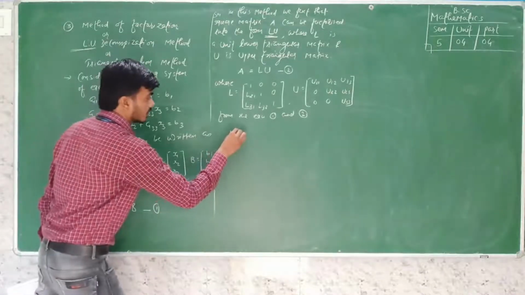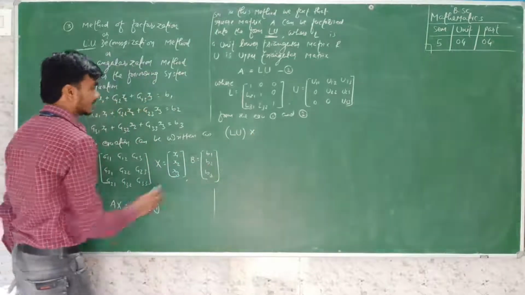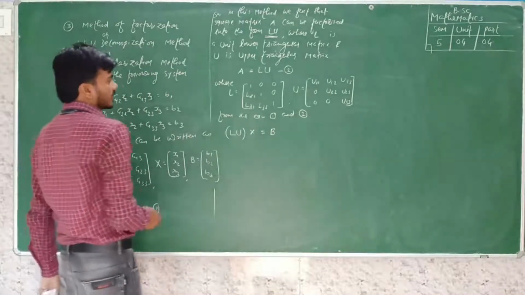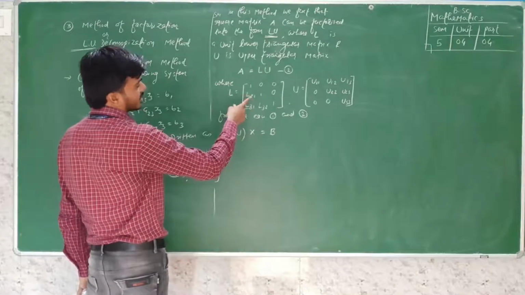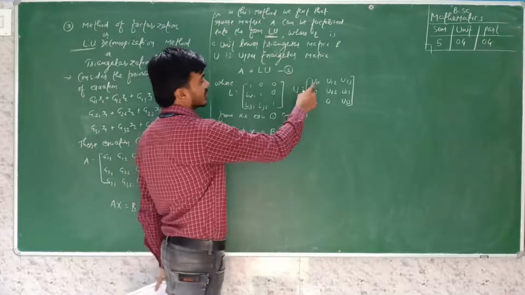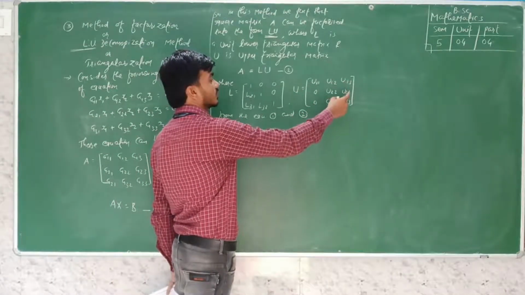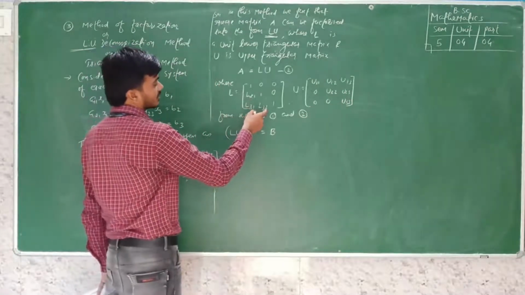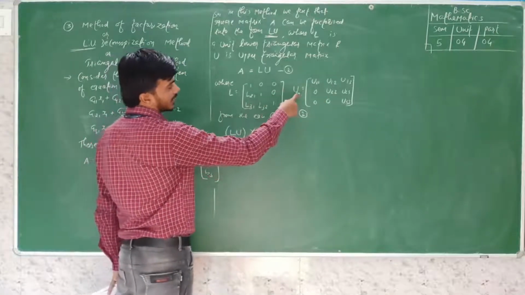So LU into X is equal to B. We can find the lower triangular matrix elements L21, L31 and L32, and the same for the upper triangular matrix U11, U12, U13, U22, U23 and U33. So whenever all the elements are known, we can write the L and U matrices.